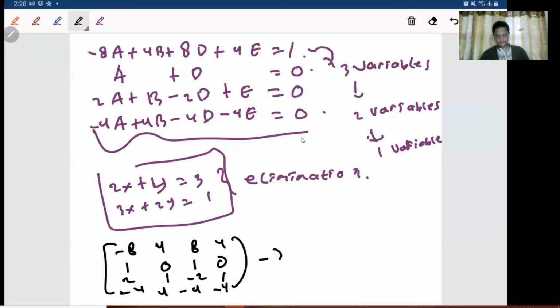So using, what is it called? Elementary row reduction. Row. So you will get the value of A, B, and C.